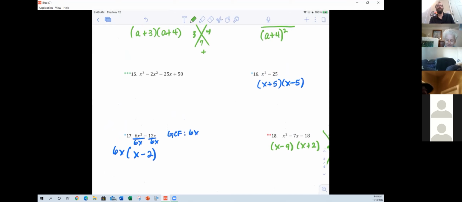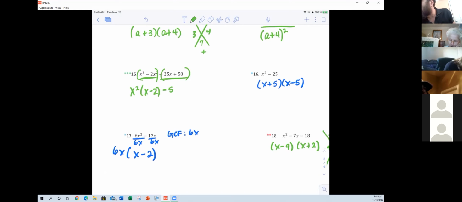So if we group these 2 together and these 2 together, what can we factor out of these 2? X squared, good. And what can we factor out of these 2?